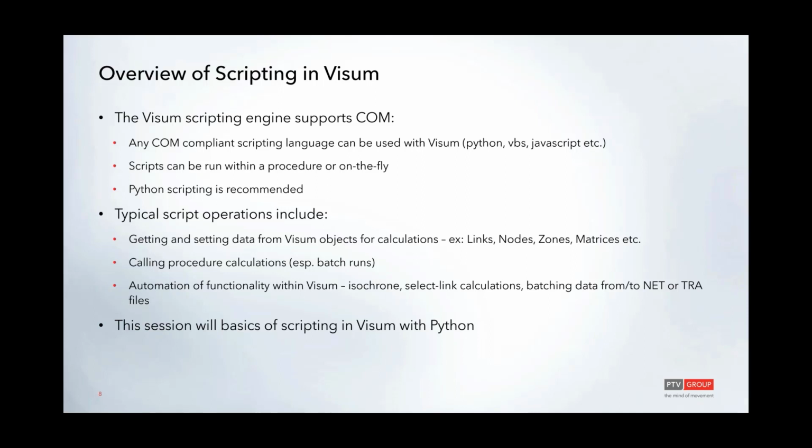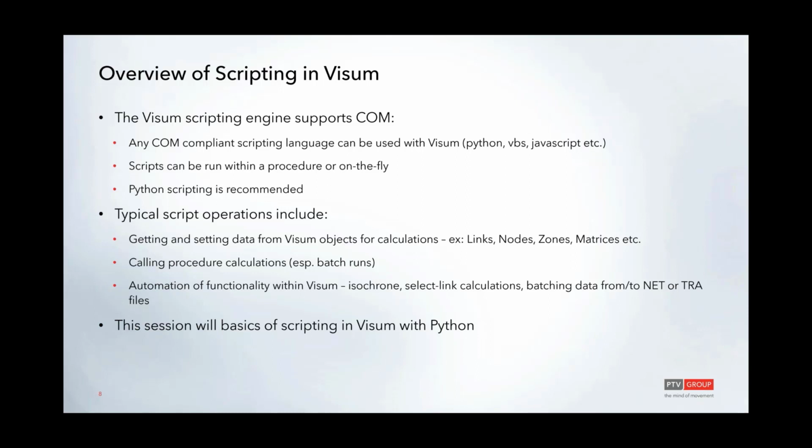Typical script operations in Visum can be classified into the following. So one type of operation that you would typically do with Visum objects is getting and setting data. This would be getting data from links, zones, matrices, and so forth, performing some type of calculation on that data, and then setting it back.